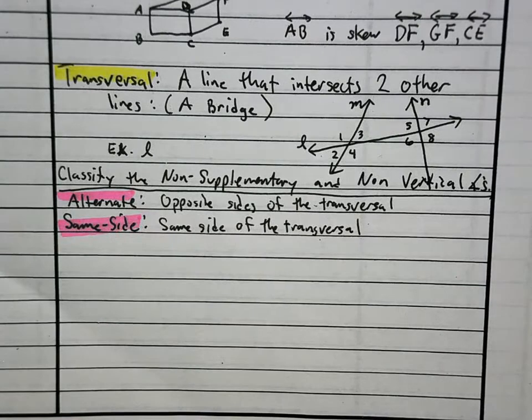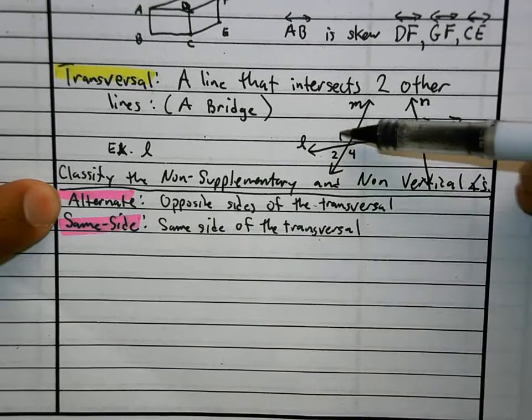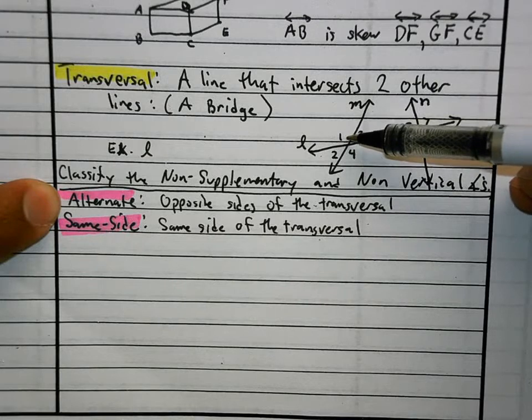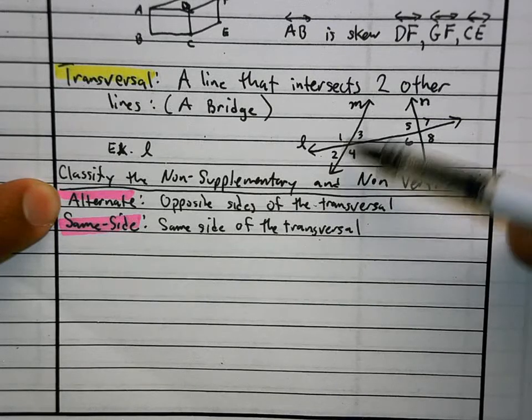Good. I'm glad that it's pretty simple. Now remember, this is for non-vertical or non-supplementary angles. If I'm talking about angle 1, the one that's alternate to it, don't look at the ones that are next to it.